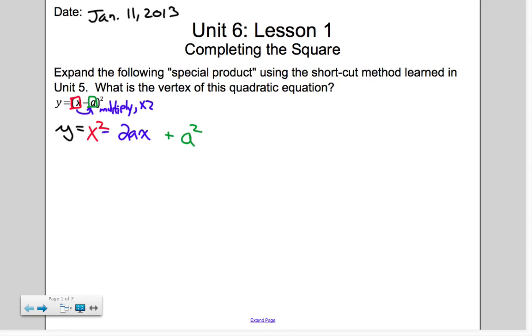So, what is the vertex of this equation? The vertex. I know, I was thinking back. But think back to when we did that whole marble on the track.